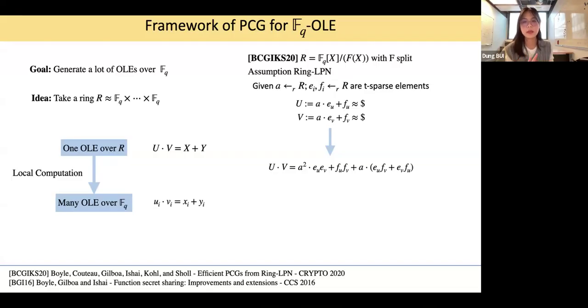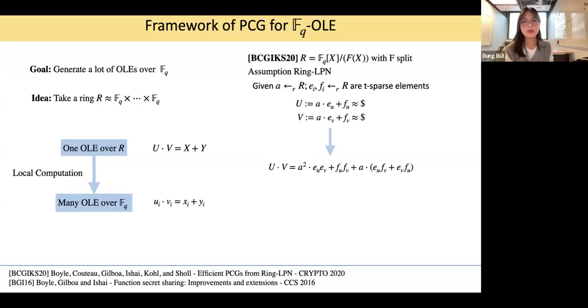The ring LPN assumption means that you have a ring F_q[X] modulo f(X), and f(X) splits. You have a, which is random over the ring, and you have polynomials e and f, random over the ring, but they are t-sparse vectors.